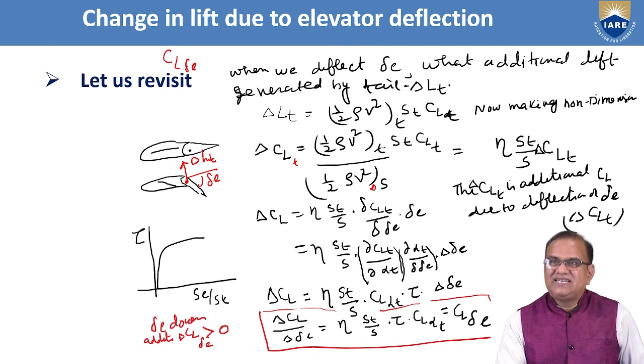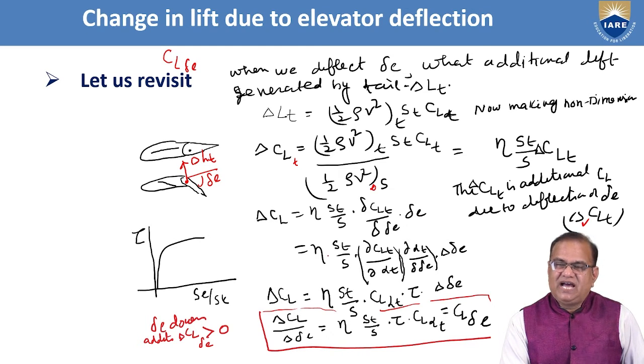This delta CLT is additional to CL which is already there, so we have mentioned it here as delta CL. So now delta CL is equal to eta ST by S delta CLT. Now this delta CLT we can write as dCLT by d delta E into delta E for the linear case using Taylor's theorem.